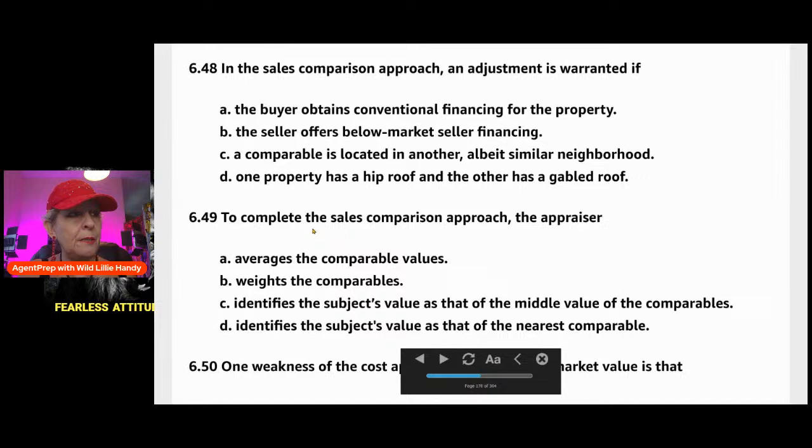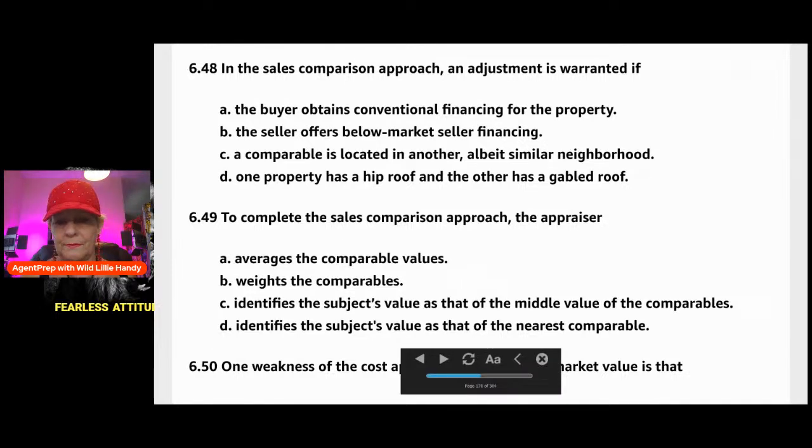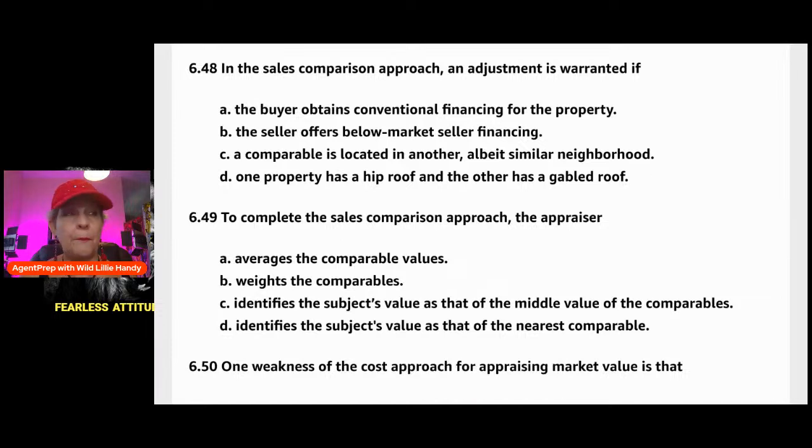So remember, we're going to have several comparable properties, right? And the appraiser is going to get that. And then we already know that the appraiser is going to make adjustments, right, according to differences in the properties.